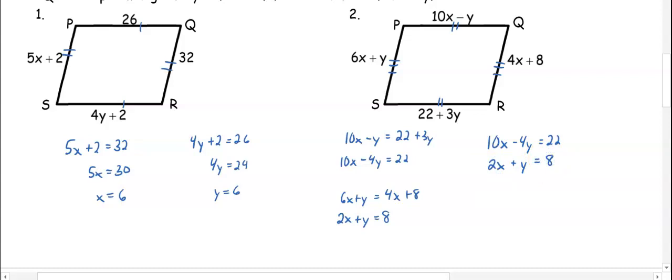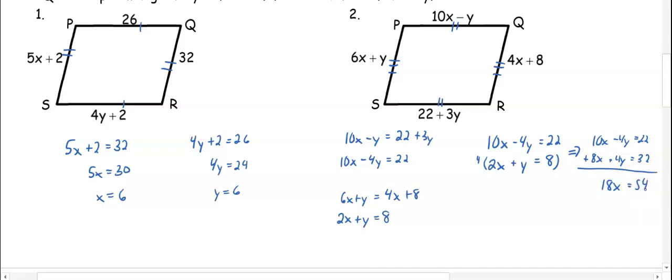So we're going to have to solve by elimination, so we can multiply the second equation by 4. So we have 10x minus 4y equals 22, and we have 8x plus 4y equals 32. When we add straight down, we get 18x is equal to 54.